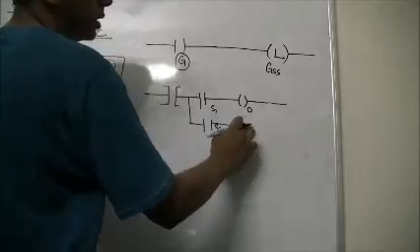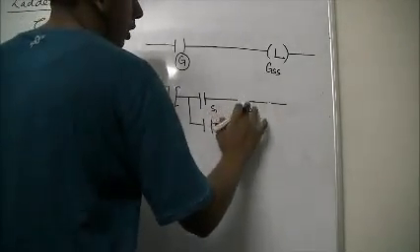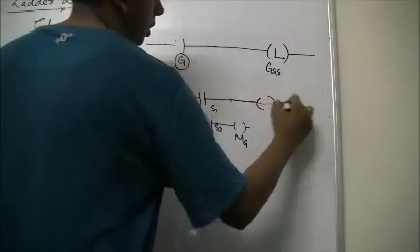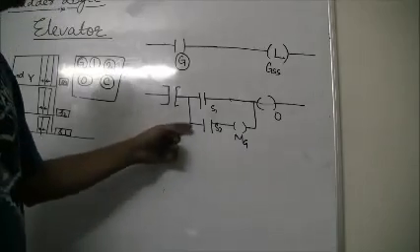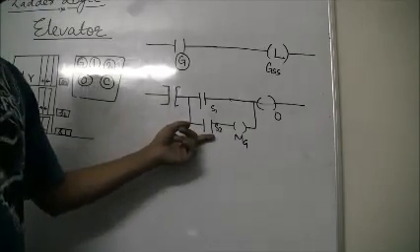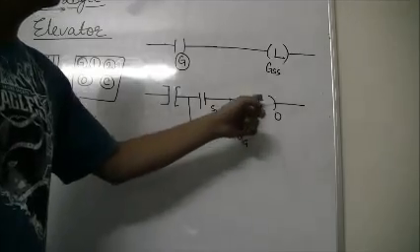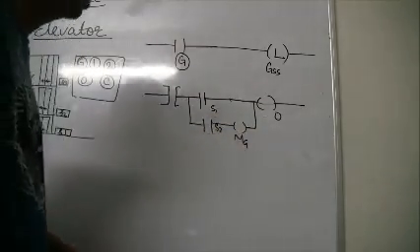And if the motor is not programmed to open the door, we can make it. So this becomes smack open and we can make the rung like this. If the lift is on the first floor, it would first bring it to the ground floor and then open the door, and after 10 seconds it closes the door.